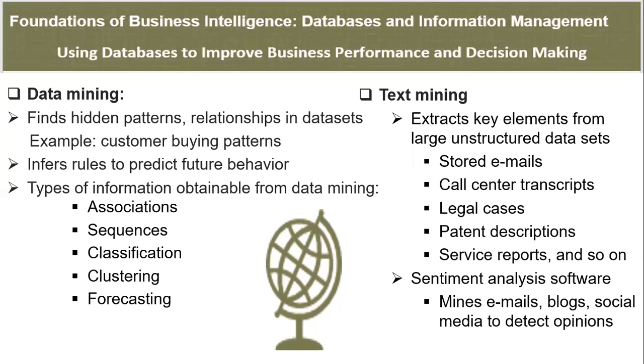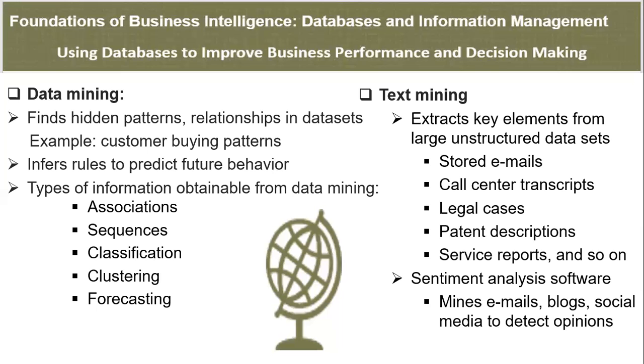The types of information obtained from data mining are association, sequence, classification, and forecast. Text mining. Text mining tools are now available to help businesses analyze the data. These tools are able to extract key elements from unstructured natural language text, discover patterns and relationships, and summarize the information.